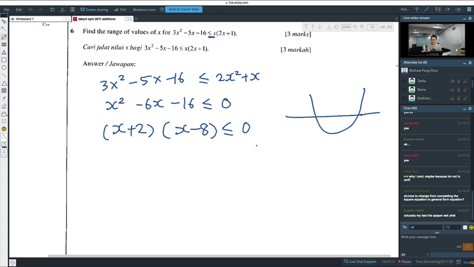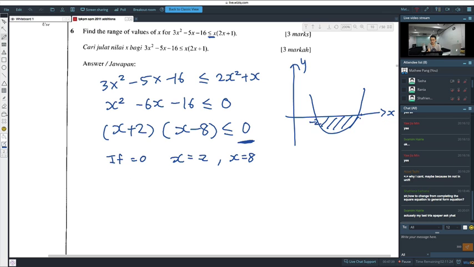If the symbol is less or equal, it means the value should be in between. Let's say I have a y-axis and x-axis over here. That means in this line, the x-axis means y equal to 0. That means you got the 0 here. And then this one, my x, if I solve this one, if this is equal to 0, I will get x equals to negative 2 and x equals to 8, right?